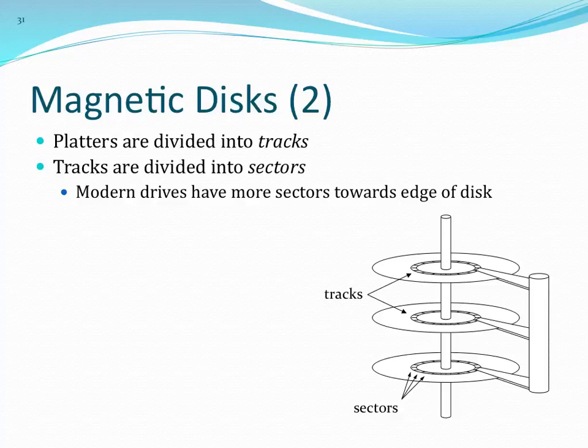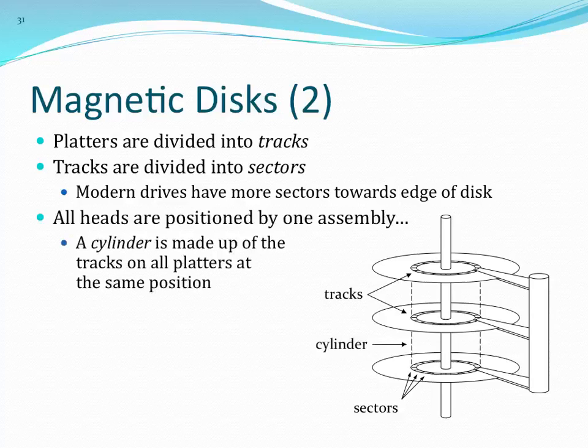The way that they do it is they divide each platter into zones, and each zone has a fixed number of sectors. They may have 5 zones or 7 zones, and each zone will have a specific sector layout. Okay, so all the heads are positioned by one assembly, which means the same track on each platter is going to be accessed at the same time. So those tracks together form a cylinder.